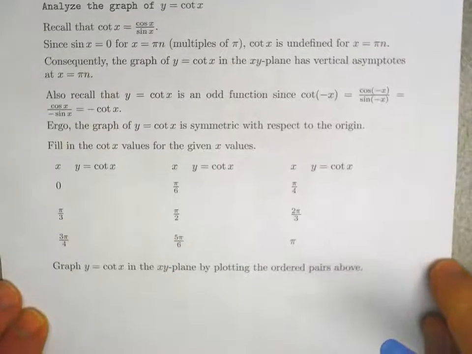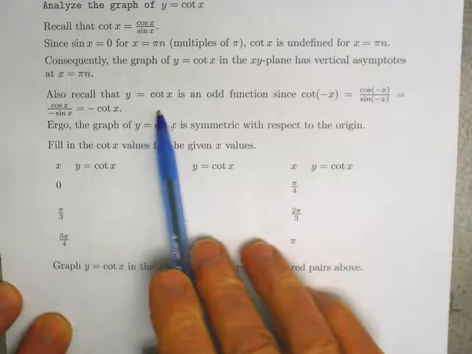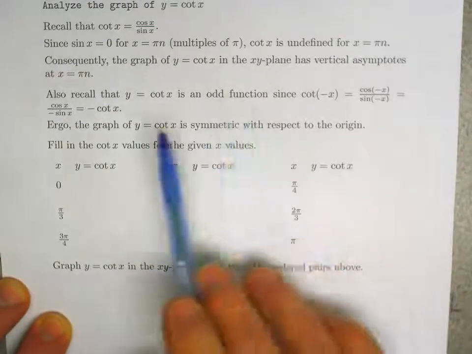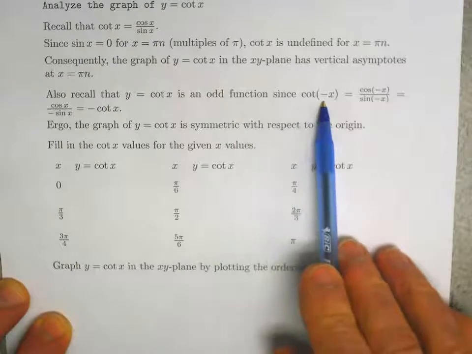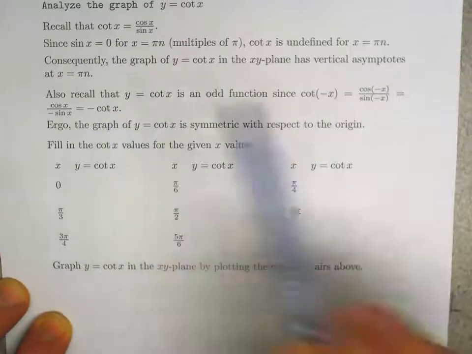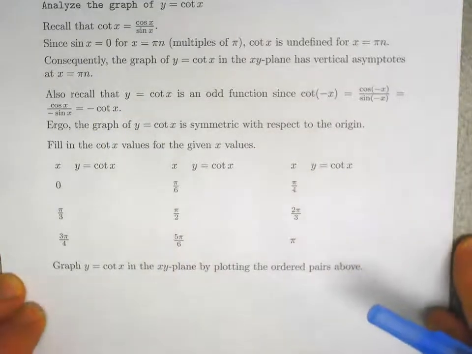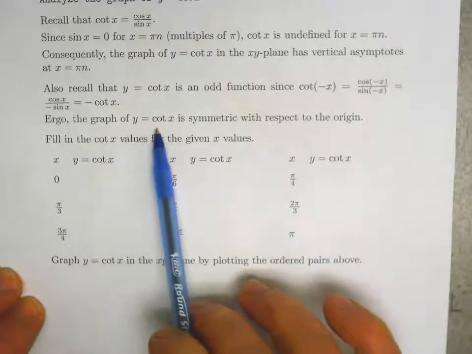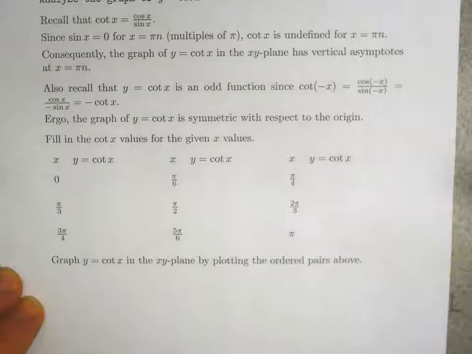We also know that y equals cotangent of x is an odd function because cotangent of negative x equals the negative of cotangent of x. So that means the graph is symmetric with respect to the origin.